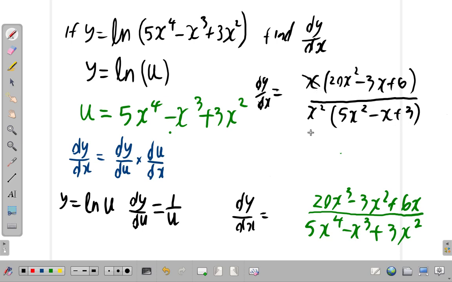Then you see x cancels itself, x into x goes 1, and then x into x squared goes x alone, so we have x, and then we don't really need these brackets up here, so we can get rid of these brackets. Alright, that's what you would end up with. So this is dy by dx.